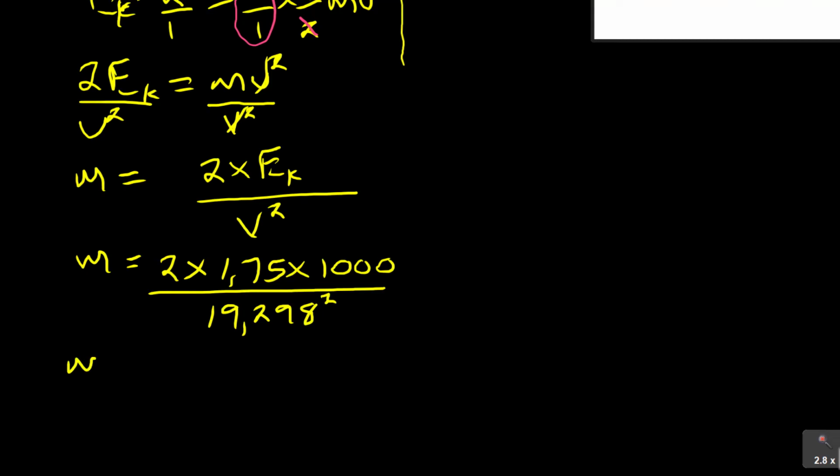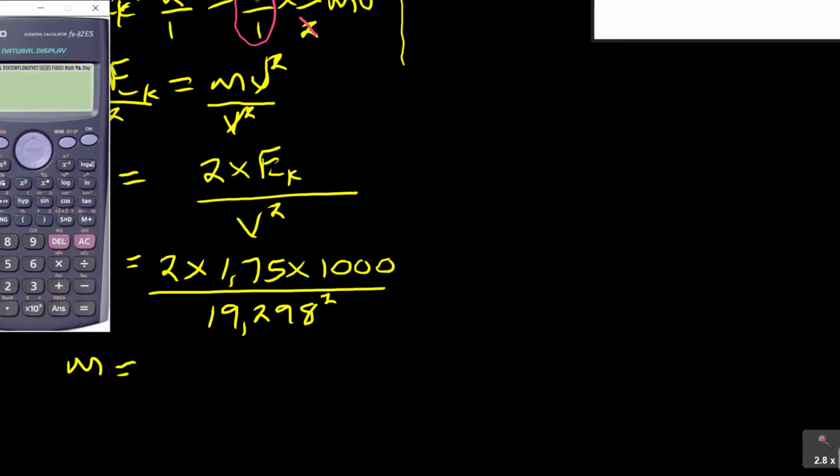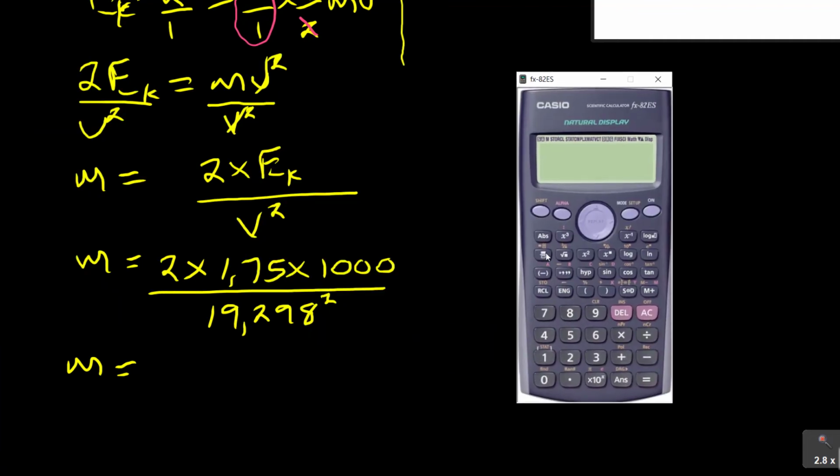Are you getting that? Then it gives us our m. So let's calculate that. It will be 2 times 1,75 times 1000 all over 19,298 squared. And then you've got 9,398. Remember, you can round off with a calculator: shift, setup, 6 is fixed, and into 3 decimal places, which is 9,398.